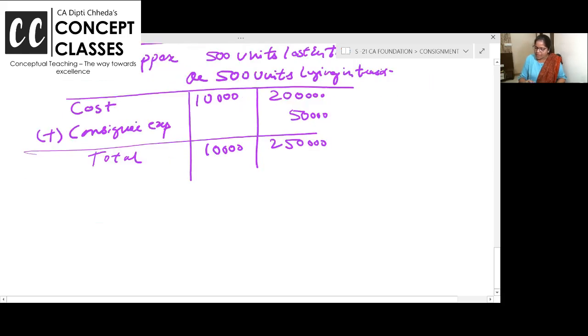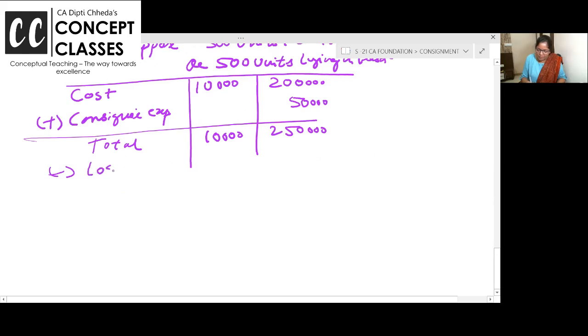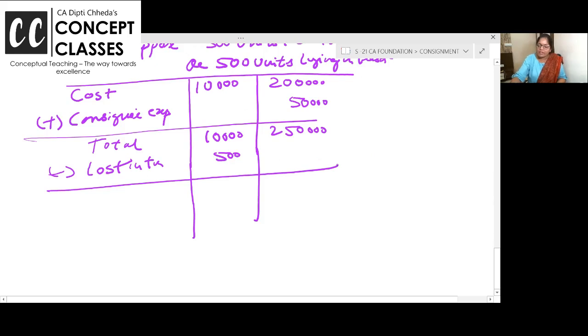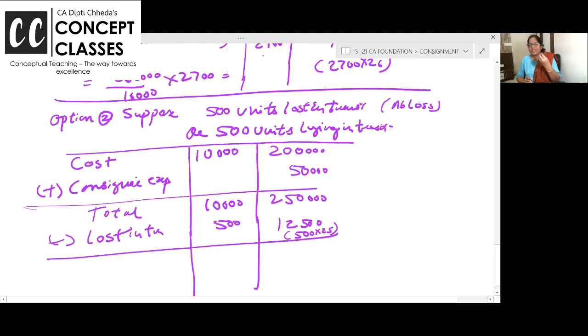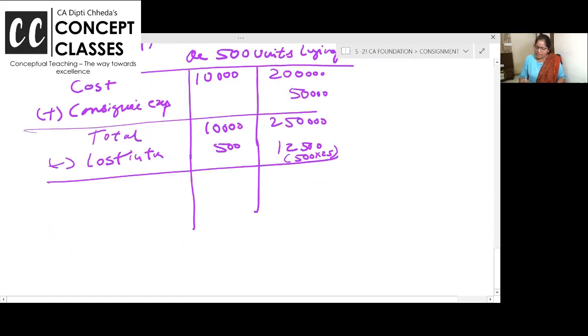10,000 goods at 250 I sent you, minus lost in transit: 500 units did not reach your godown. What will be the cost of 500 units? 12,500, at 25 per unit. Is it abnormal loss or goods lying with the transporter? They have not been clear yet. Is my example clear? 500 units are lost in transit or lying in transit and so on. Just an example. Then how many goods are reaching the consignee? 9,500.